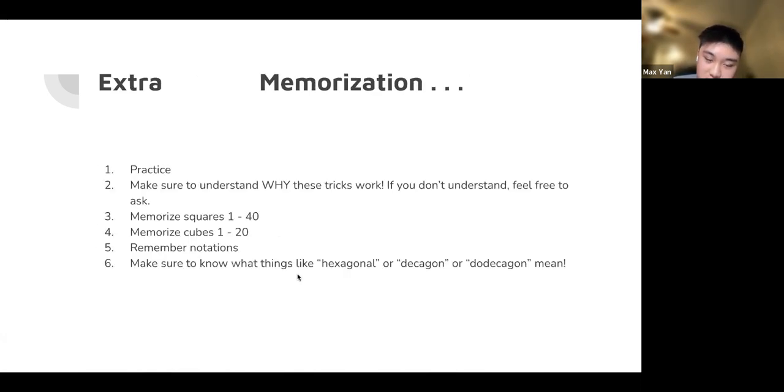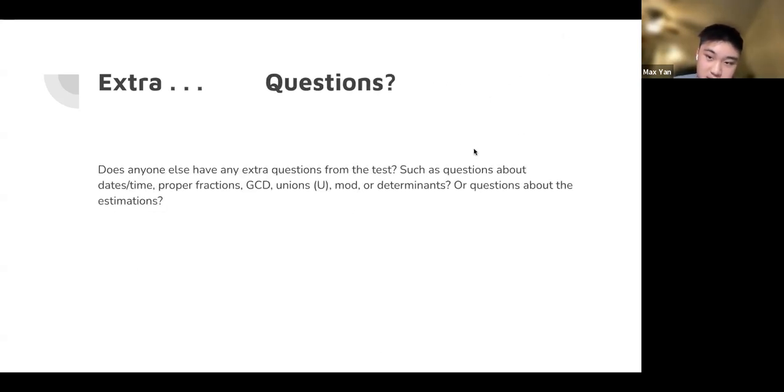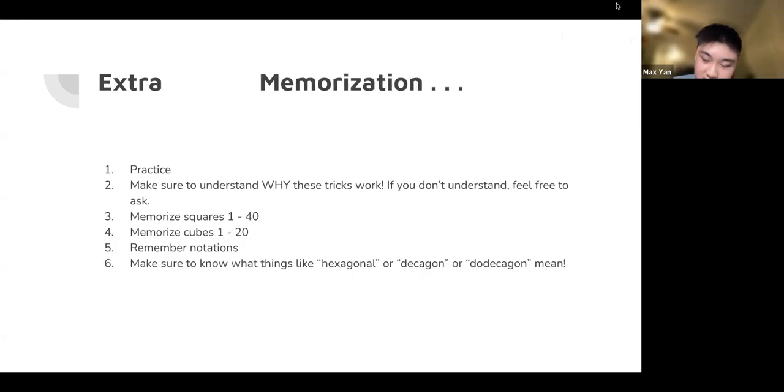Okay, so we're going to go over a few notes, and then lastly, I'm going to go over a few questions that y'all had. So practice, make sure you understand why these formulas work. If you don't understand, go ahead and ask. Something that you just have to memorize for number sense: the squares of 1 to 40, the cubes of 1 to 20, and to know notations, to know what hexagonal, decagonal, dodecagon mean.